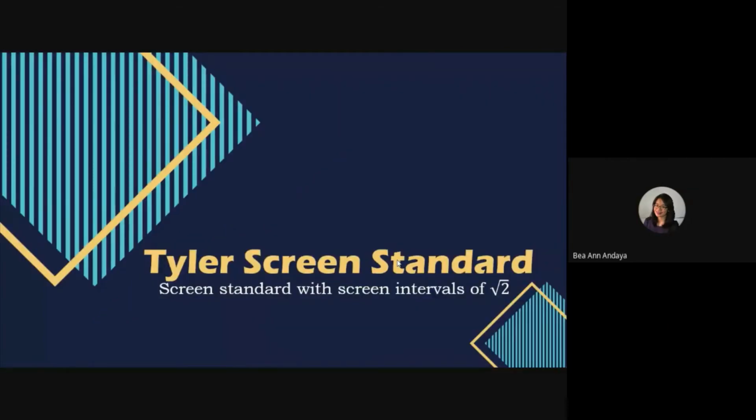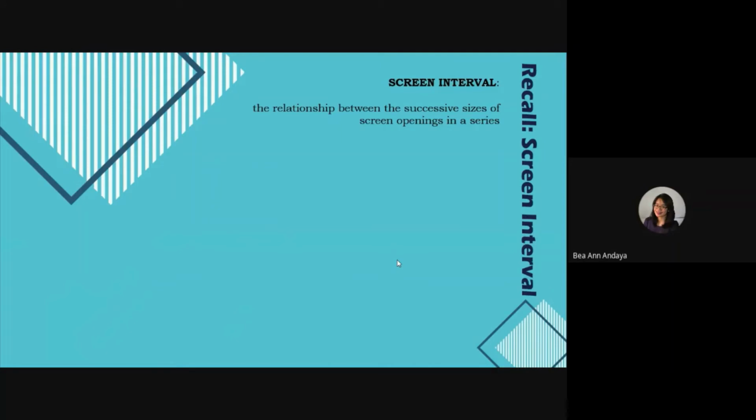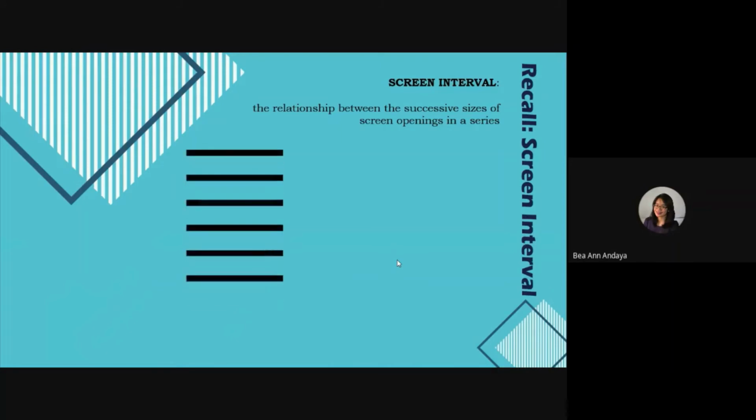So, going back to the standards when it comes to our screen. We said earlier that testing sieves should have standards for a better screening analysis. As we said last time, the screen interval is the relationship of successive sizes of the screen openings in a series of screens.